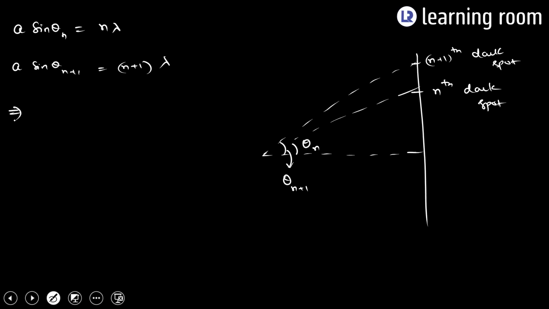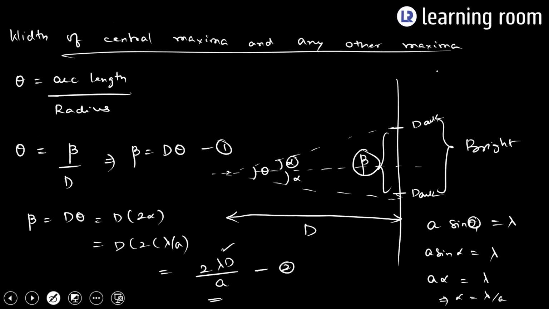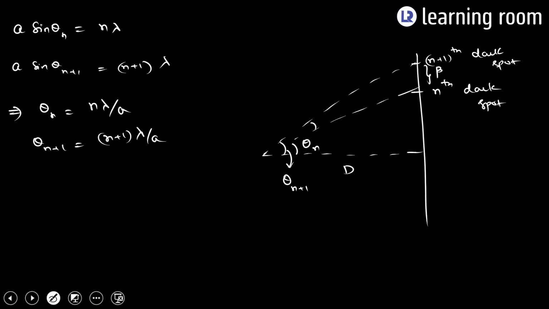So when I do the approximation, I will get theta n is equal to n lambda divided by A, and theta n plus 1 as n plus 1 into lambda divided by A. So if I calculate the distance between them, again, the distance here is capital D. If I calculate the width of this spot, if I call this beta 1 for instance, then beta 1 will be equal to this angle times the radius, because the whole setup is so small that this distance can be approximated to the radius itself.